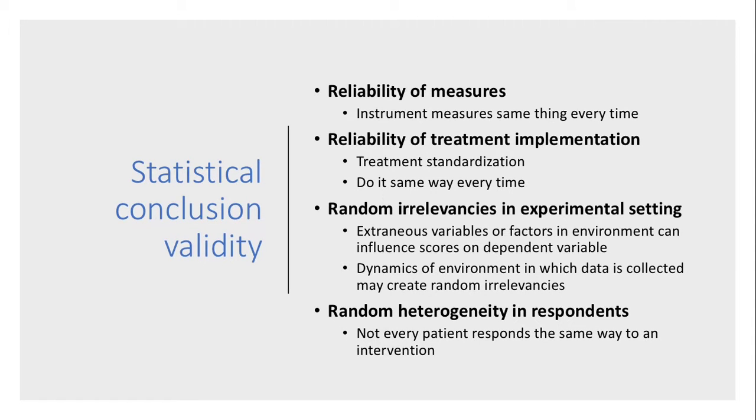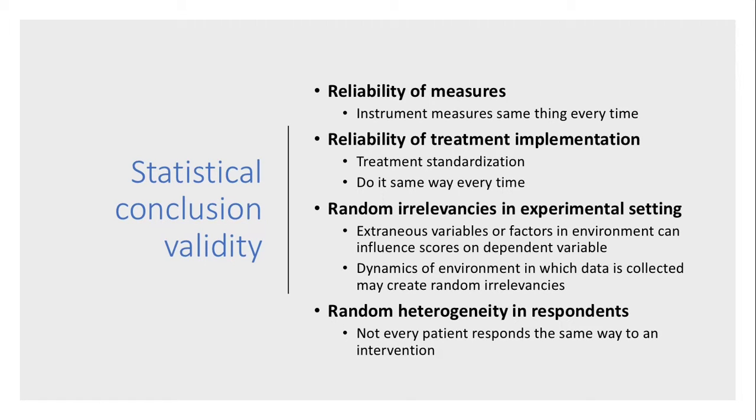Some other factors that go into statistical conclusion validity are the reliability of the measures. Is the instrument measuring what it's supposed to measure? Has the treatment been standardized? Are they doing it the same way? Sometimes there can be random irrelevancies in experimental settings that can interfere with the conclusions we draw from our statistical analyses.